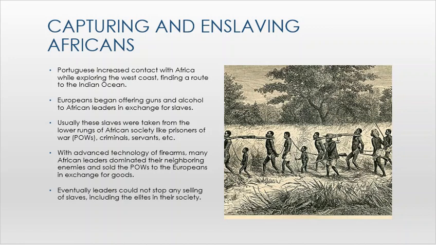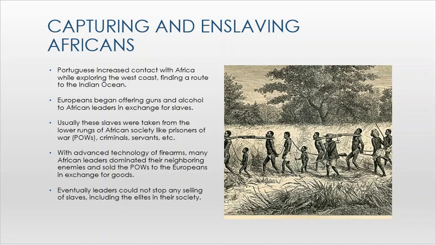And with the advanced technology of firearms that the Portuguese and other Europeans were giving, this gave them an advantage to dominate their enemies near them. So other African tribes are feuding with each other and maybe have been feuding for hundreds or thousands of years, who knows, right?